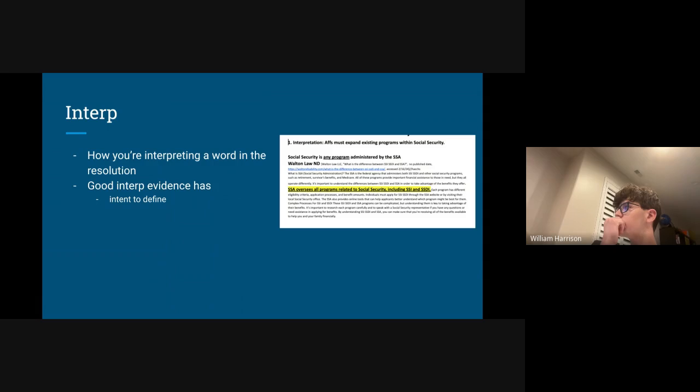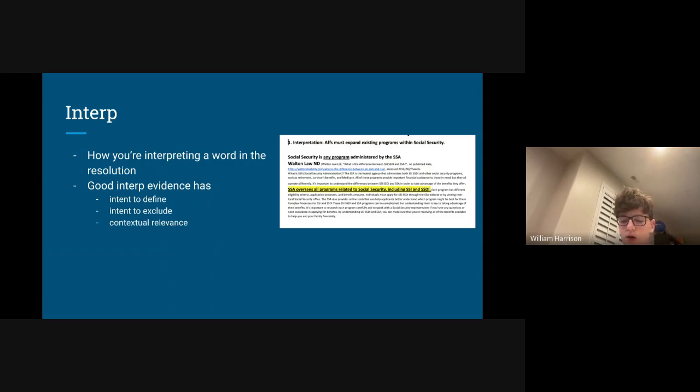It's reasonably predictable, and it does have intent to exclude, which is the next one. Because here it says the SSA oversees all programs related to Social Security. So any program that isn't overseen by the SSA is then not related to Social Security. So that is some exclusion that it's doing. But again, this is not really a great card.